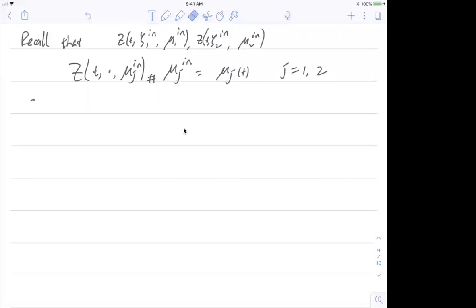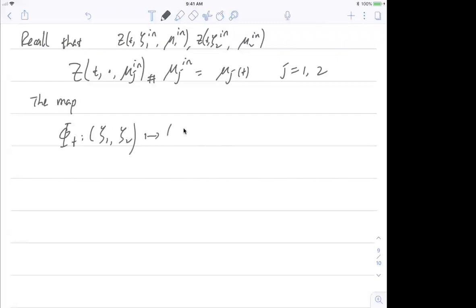If we just compose a bigger map by putting these two flows together, we have one bigger map. So if xi 1 is initial, xi 2 is initial, what does this phi t do?